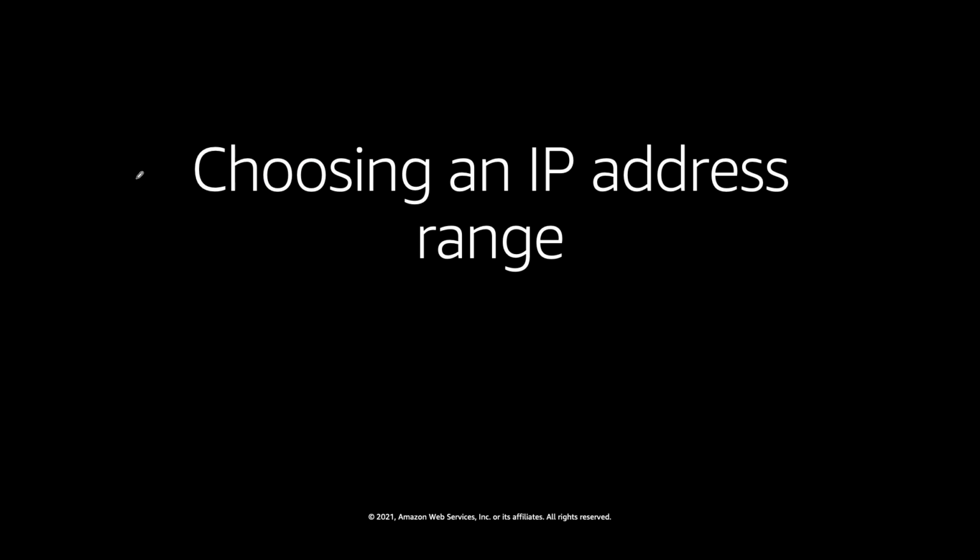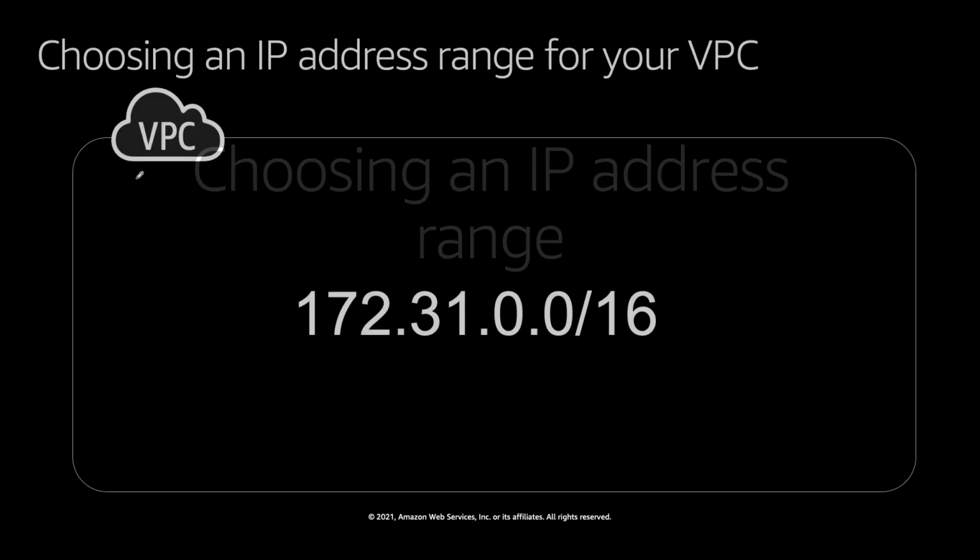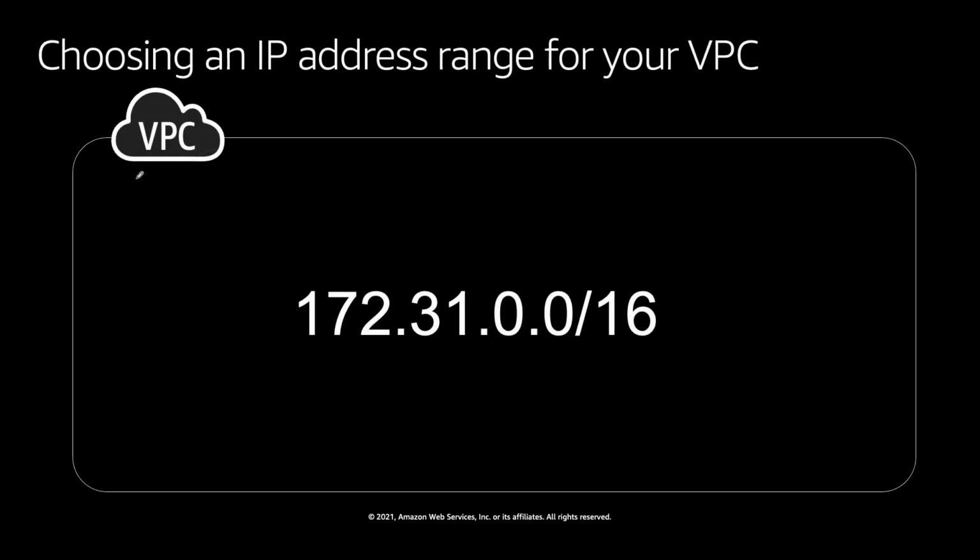So when you create your custom VPC, not the default one, it is very important that you define your IP address properly, because your CIDR range will define how many private IPs you will get, right? So let's go back to our previous example of this IP, which is the IP of the default VPC, 172.31.0.0/16.